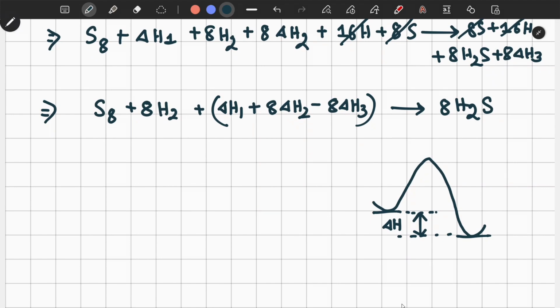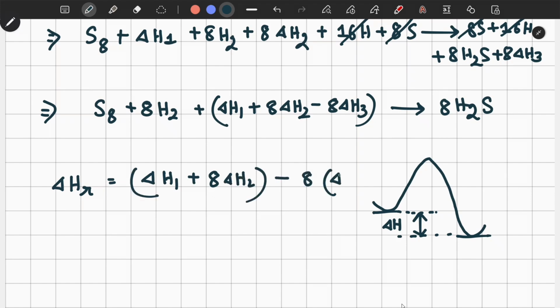Positive means this amount of energy you have to give so that the reaction will occur. Now what will be our delta H of reaction? You can write it as delta H1, the total bond energy of the reactants, plus 8 delta H2 minus 8 delta H3. So this is our delta H R.